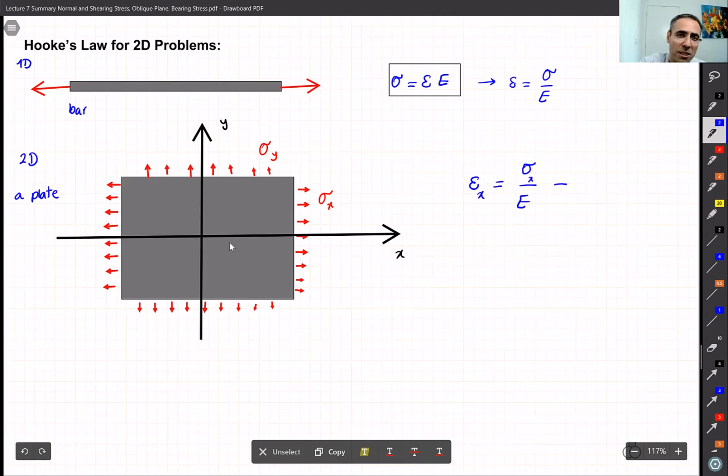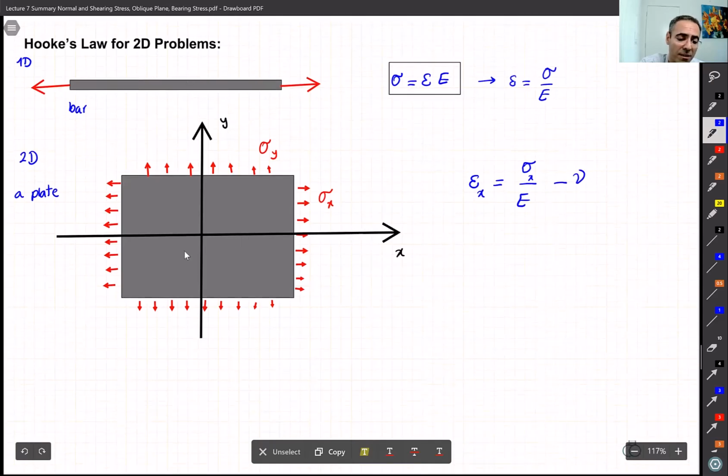How much is it going to shrink? This is something that we learned from Poisson. It is Poisson's ratio multiplied by epsilon in the Y direction, which is sigma Y divided by E. Again, this is the proof. You don't need to know the proof. You just use the formula. I just write it down so you know where this actually comes from.